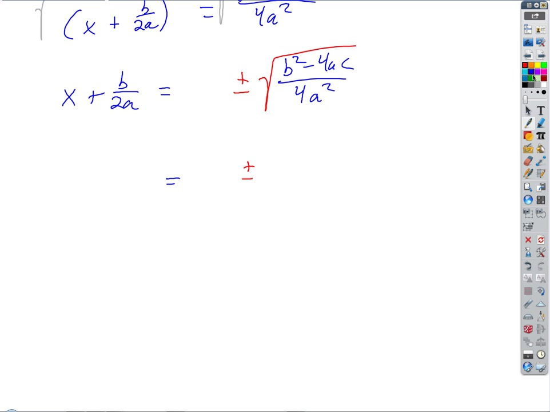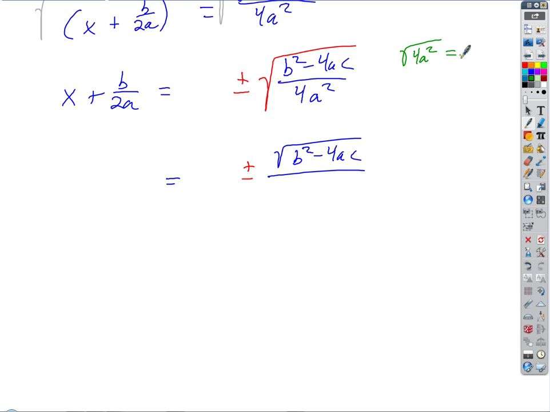So then that's going to look like plus or minus square root of b squared minus 4ac. There's really nothing I can do with the top. But what about the bottom? What's the square root of 4a squared? Yeah, look at that. You're showing us what the quadratic formula actually means.